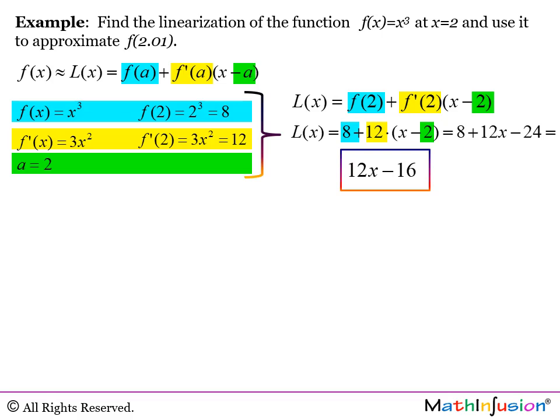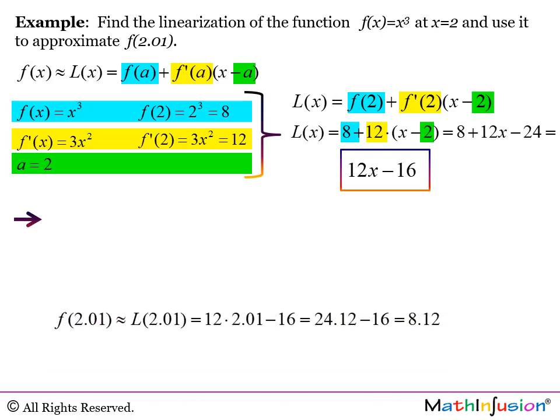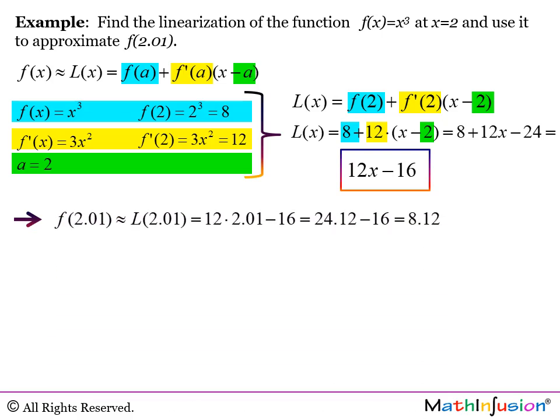Now let's do the other part. This linear approximation is supposed to work really nicely for values which are almost 2, because the linearization was about x equals 2. To approximate a value which is almost 2, like the value at 2.01, we can just substitute 2.01 for x, so it's 12 times 2.01 minus 16.